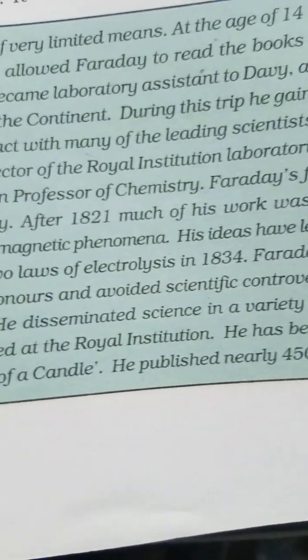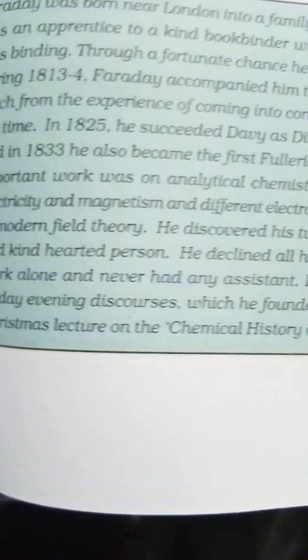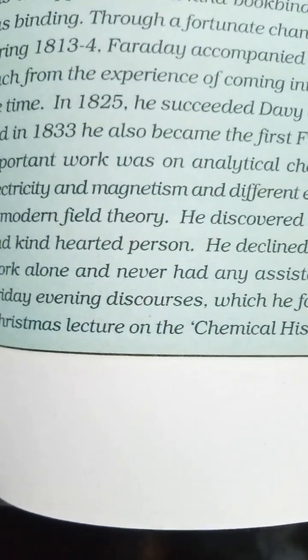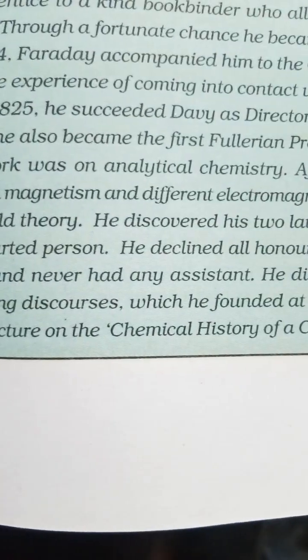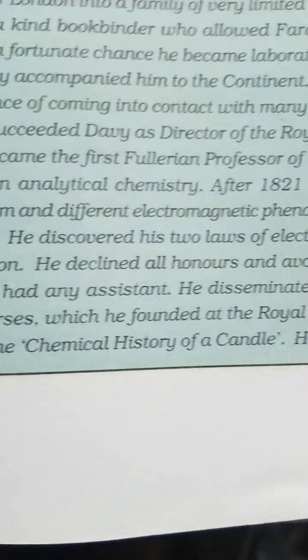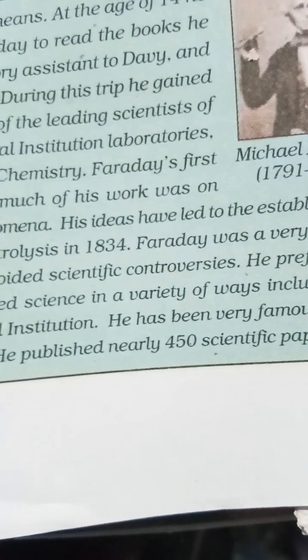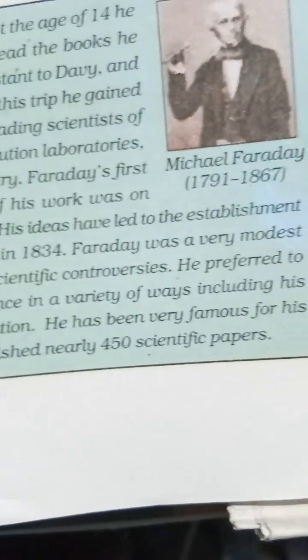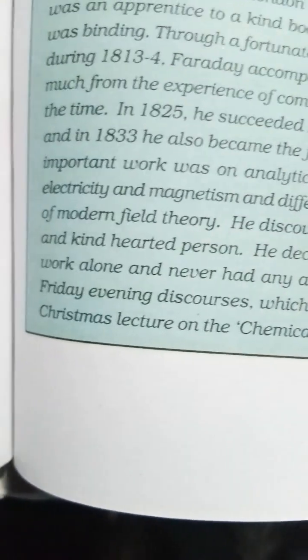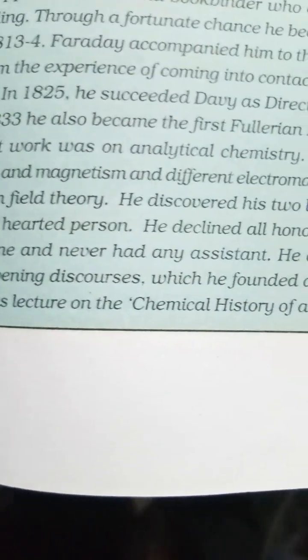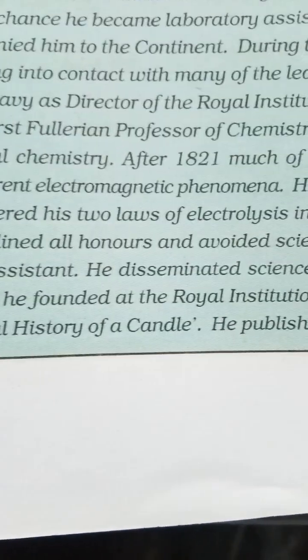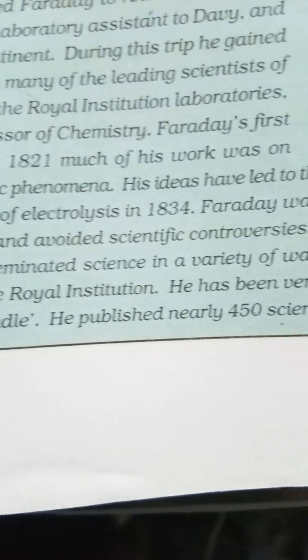After 1821, much of his work was on electricity and magnetism and different electromagnetic phenomena. His ideas led to the establishment of modern field theory. He discovered his two laws of electrolysis in 1834.